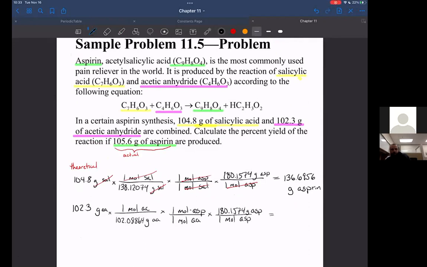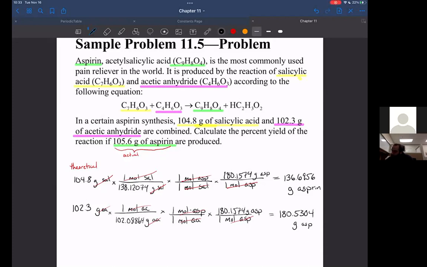Okay, punch this into my calculator. Make sure my units cancel out. Make sure I set it up correctly. Everything cancels out nicely, and I'm left with grams of aspirin. Okay, so then how much is my theoretical yield for this reaction?